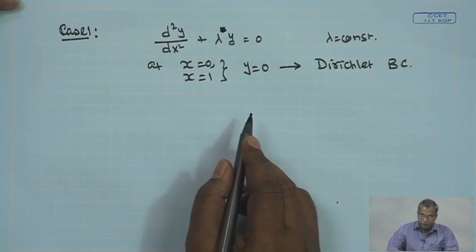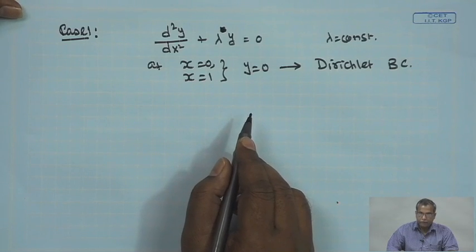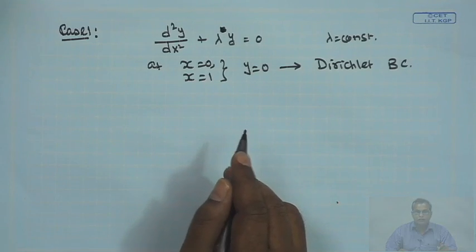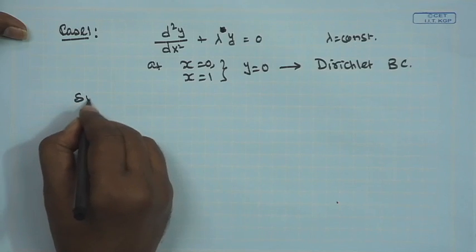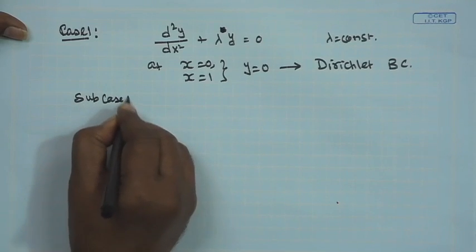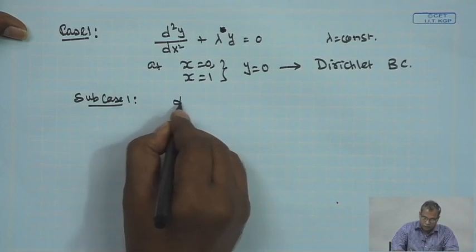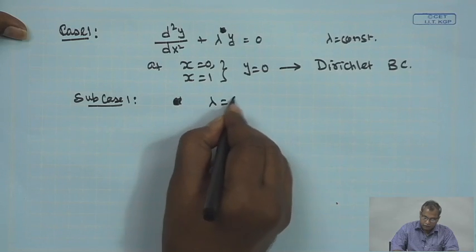Now, the parameter lambda can have three options. Lambda can be 0, lambda can be positive, lambda can be negative. So, we will be looking at all the cases one by one. Sub case 1, lambda is equal to 0.